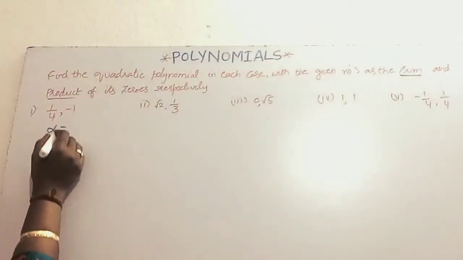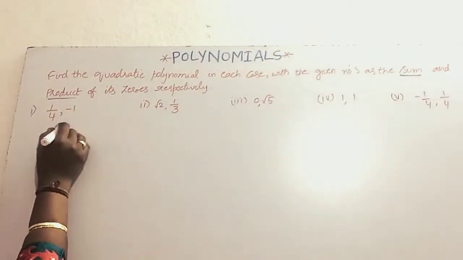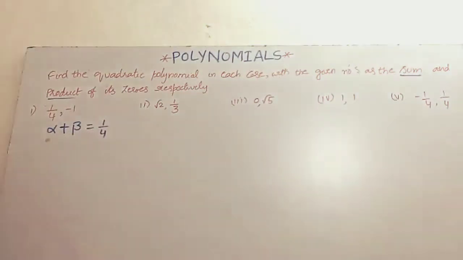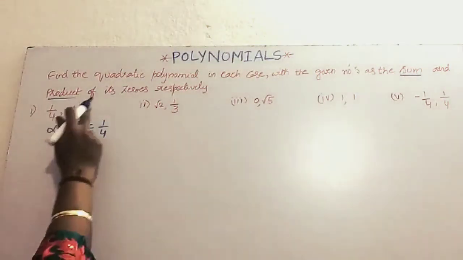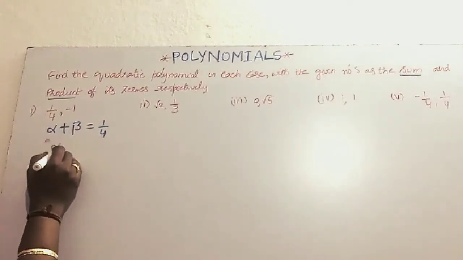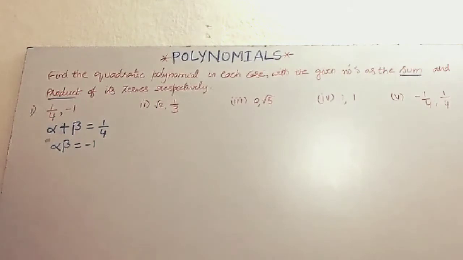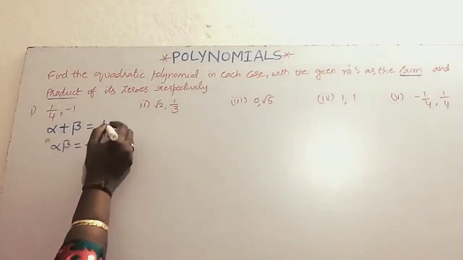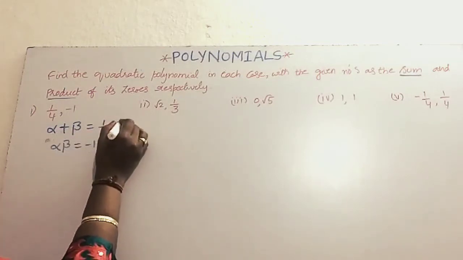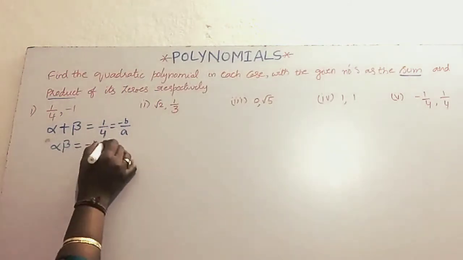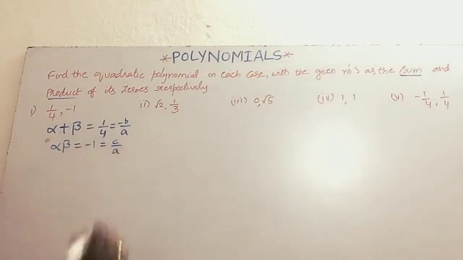So sum and product: first I will take the sum, alpha plus beta equal to 1 by 4, and the product, that means alpha beta equal to minus 1. So we know that alpha plus beta is equal to minus b by a, and alpha beta is equal to c by a.